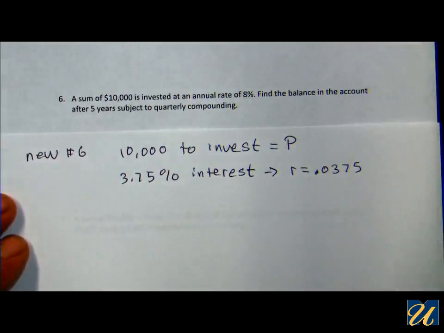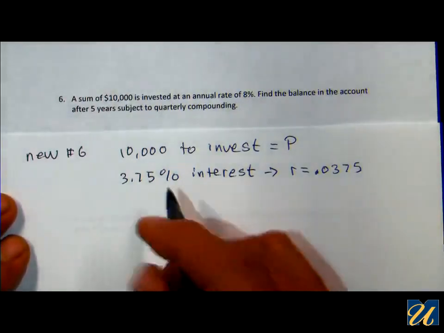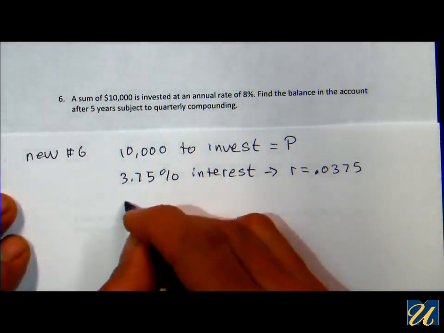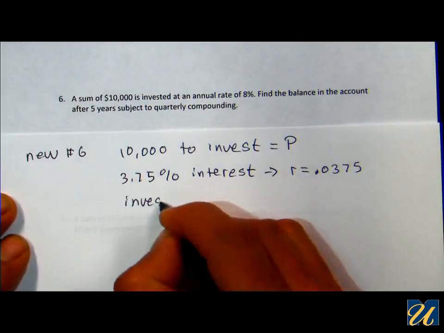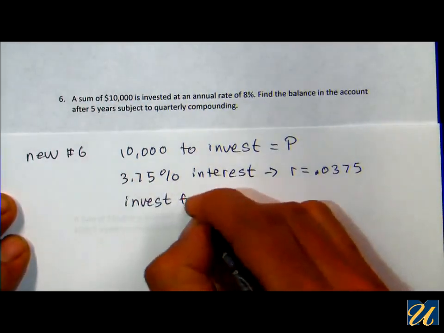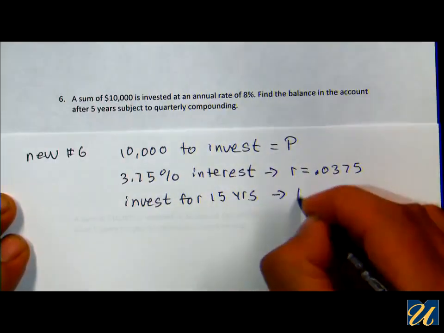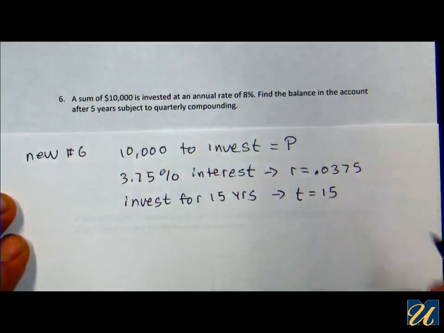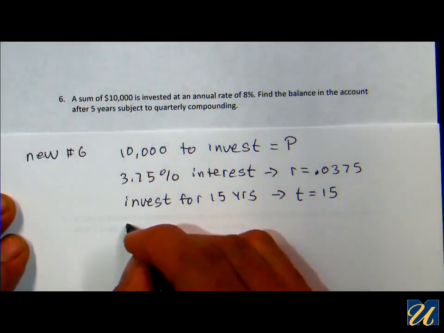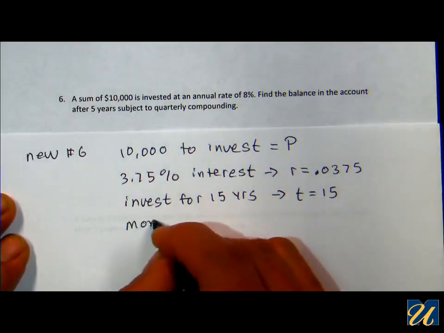And let's see, let's let T be 15 years. So let's invest for 15 years. So that tells us that T will be 15. And let's subject it to monthly compounding.